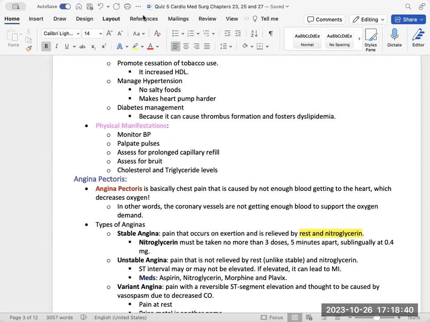Because if our heart's working properly, we should have normal capillary refill, which is less than 3 seconds. We should have pulses, right, at 2+. We shouldn't have anything that seems abnormal, right? We should have normal blood pressure. But sometimes they have comorbidities or other diseases, and some of these things might vary. But as a nurse, these are some of the things that you want to look at, right? Their cholesterol levels, because all of these can cause their manifestations. Are there any questions?